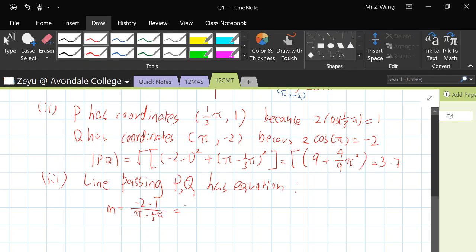So this is -3 over -2/3 pi, which is -9 over 2 pi.